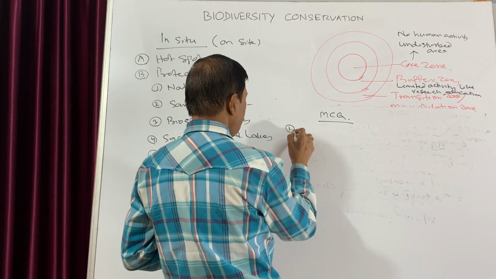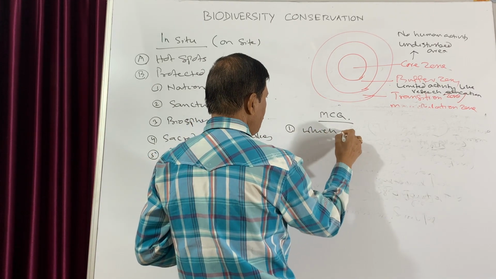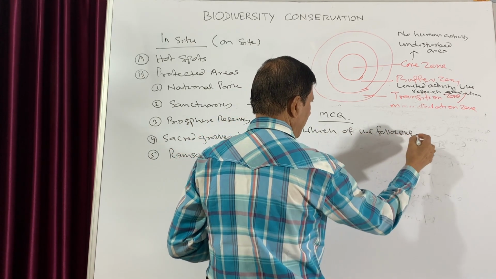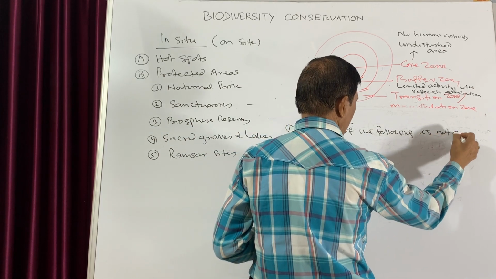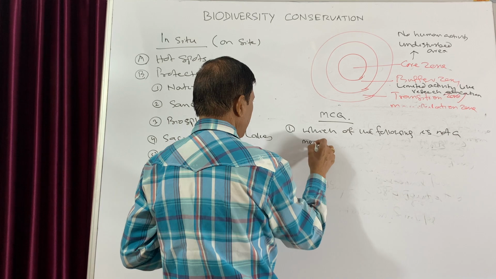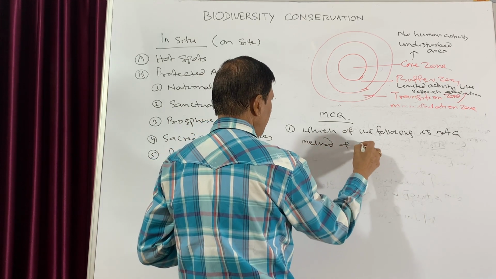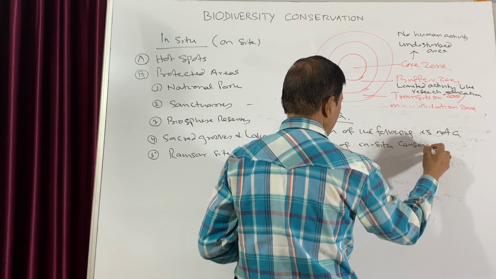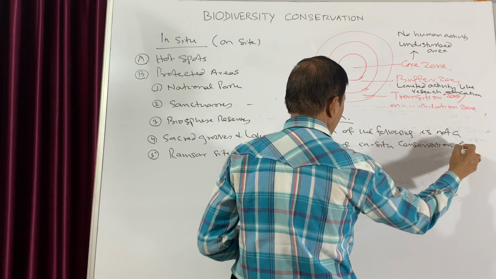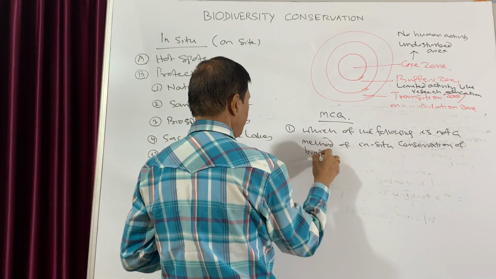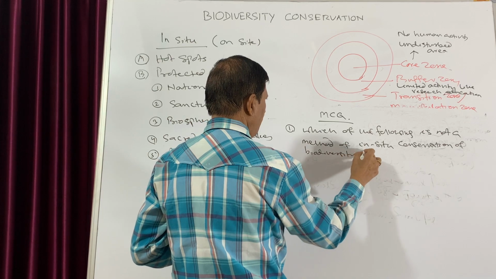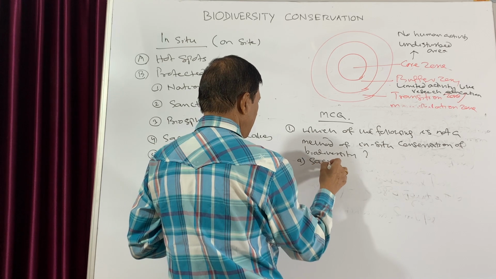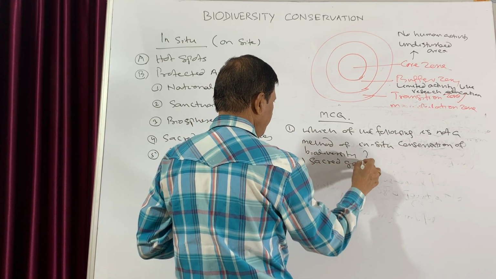Now the first question is: which of the following is not a method of in-situ conservation of biodiversity? One is sacred groves.